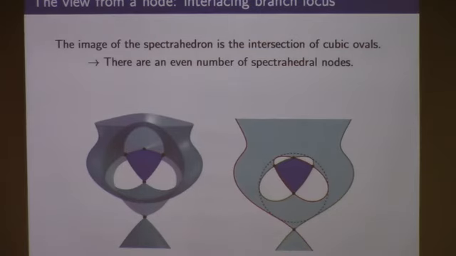The spectrahedron nodes map into the intersection of the cubics. And the cubics are sort of spectrahedral themselves. Each of the cubic ovals is convex. You have 2 convex ovals.